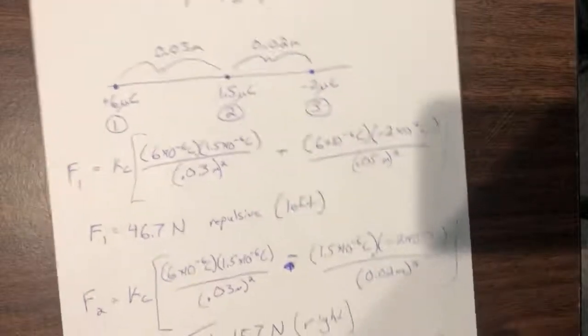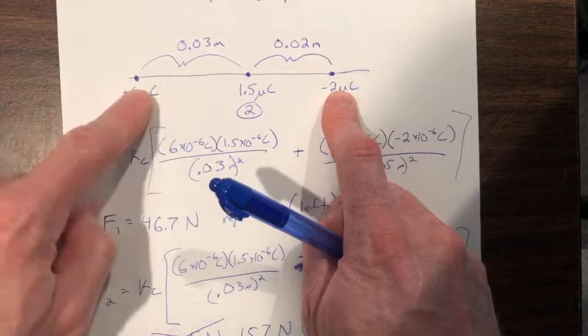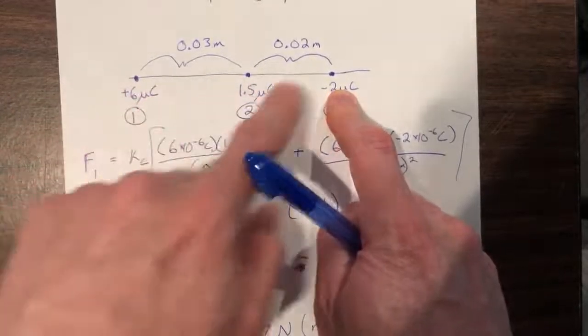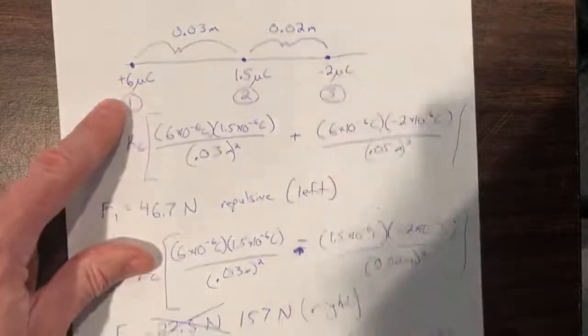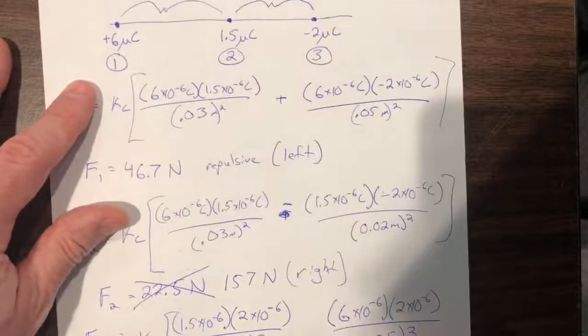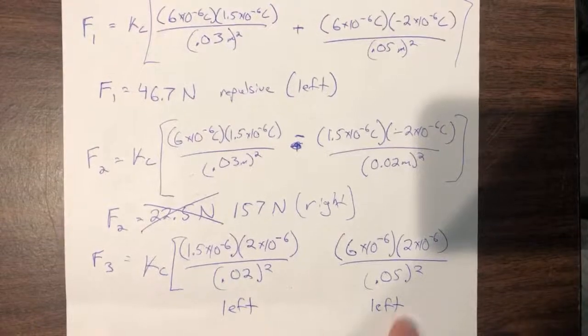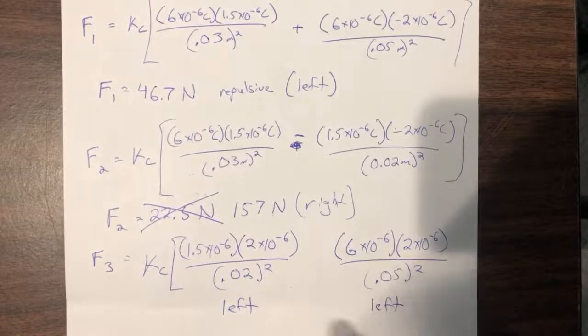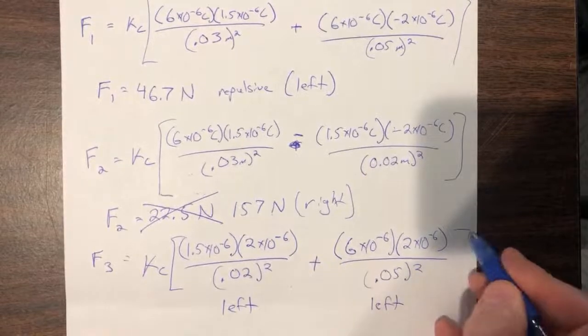All right, and so what's that going to do? This is negative, this is positive, so that's going to be attractive. So negative, positive, that's going to be going to the left. A force to the left and a force to the left, because both of these forces are going to the left, we're going to add them together.